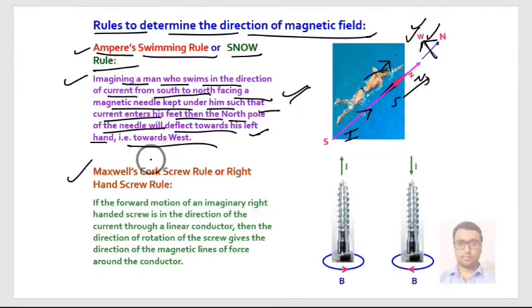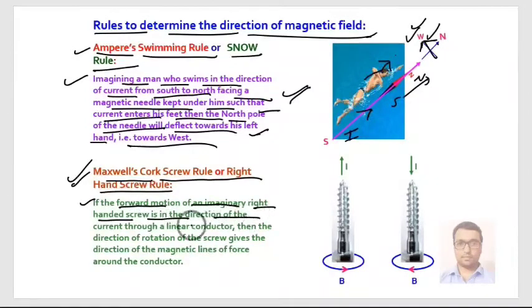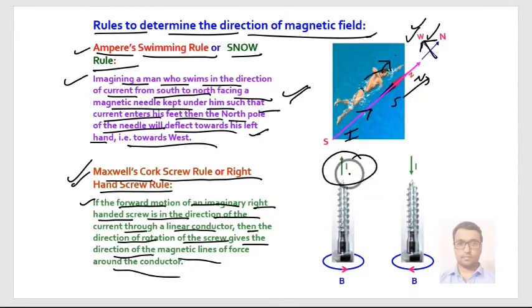We can understand this rule by another method, that is called Maxwell's corkscrew rule, or right hand screw rule. If the forward motion of an imaginary right-handed screw is in the direction of the current through a linear conductor, then the direction of rotation of the screw gives the direction of the magnetic lines of force. Suppose in this direction your current is flowing, as you can see.